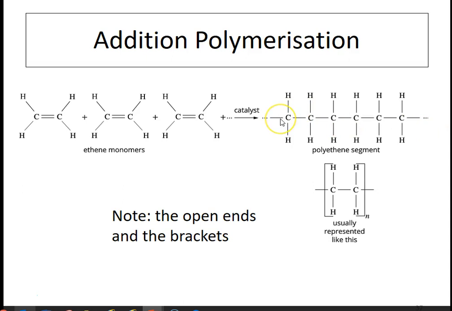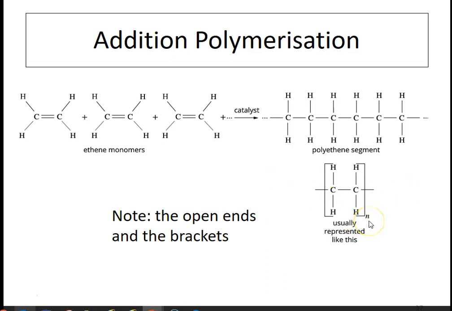To represent that it's a section of something that's really long, you just draw an open bond here. So there's nothing bonded to it. It's just implying, because it's a bond with nothing on the end of it, that it's continuing. And another way of doing it is you just take one monomer, have it broken, and have these ends open to show that it's going on and on and on.